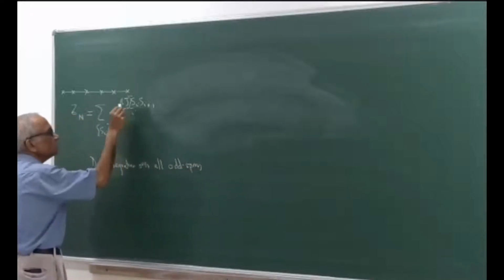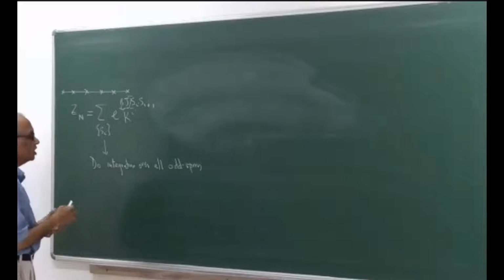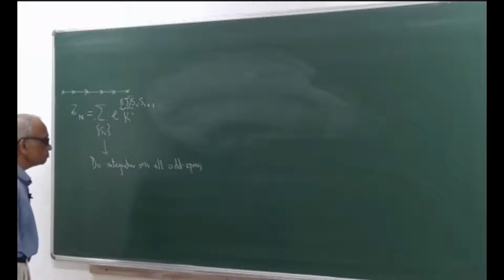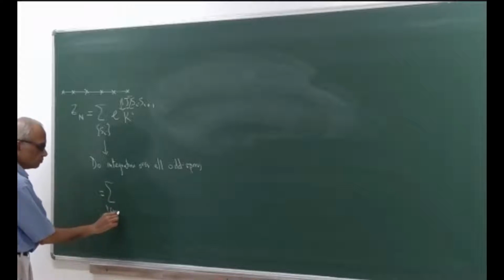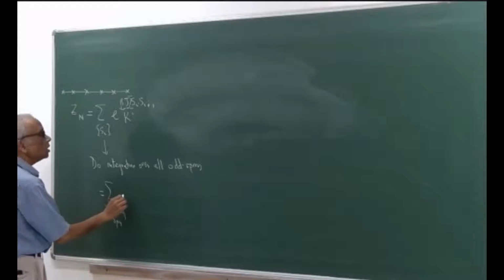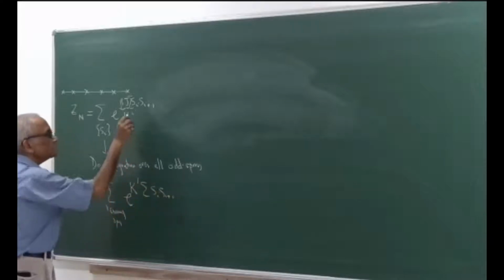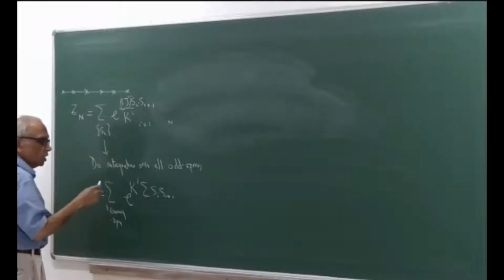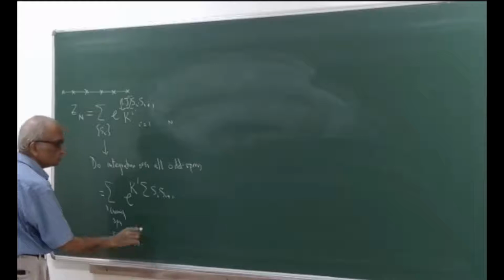So if I call this beta J some K, K because J really lies in the beta, it is some K s_i s_{i+1}, and that goes to a sum over the remaining spins and e to the power some K prime s_i s_{i+1}, except that this was i equal to 1 to n, and now the 1, 3 and so on are gone, and you are summing over i equal to 2, 4, 6, 8 and so on.